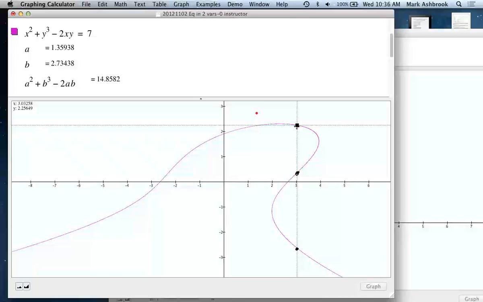So I need to not only specify x, but also specify y. There we go. So this is the point. We'll just round. So 3 and 2.26. Now that I've given you x and y, we can talk about the rate of change there.